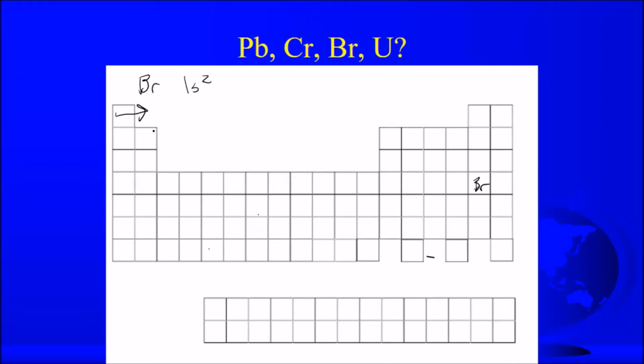Well, you ignored this and you went straight to 2p6. This is 2p6, which means you're ignoring this right here. Okay, Christian, hush. I didn't hear you. I'm sorry. 2s what? 2s2.